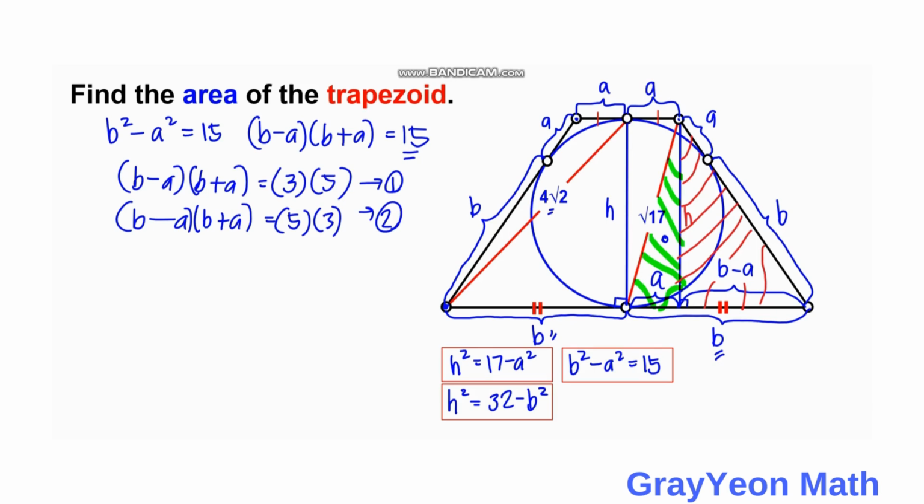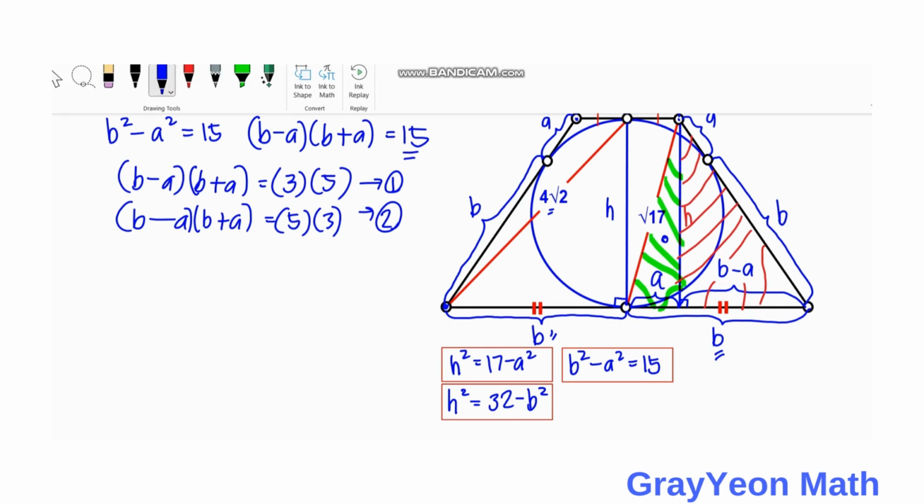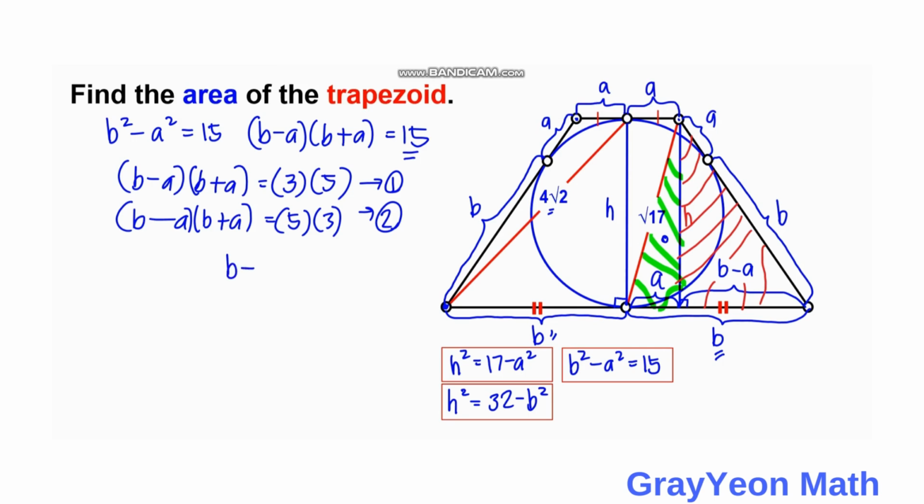Okay, so for the first instance, this means b minus a is equal to 3, which corresponds to this 3, and b plus a is equal to 5. So we can add these two equations. This becomes 8, so 2b is equal to 8 and b is equal to 4.